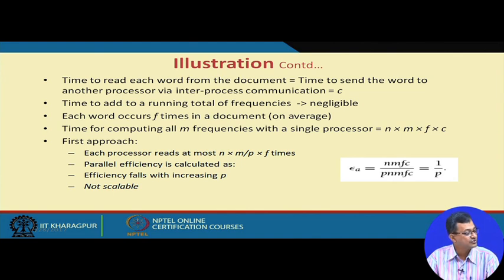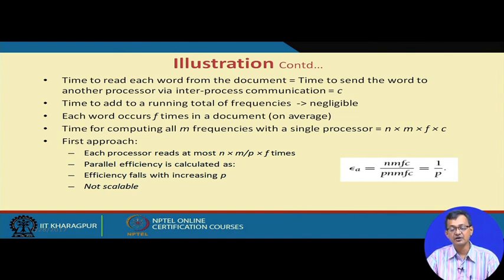So, the time to add to a running total of the frequency is negligible. So, summing up is negligible once I find the frequencies of these m words. Each word occurs f times in the document on average.